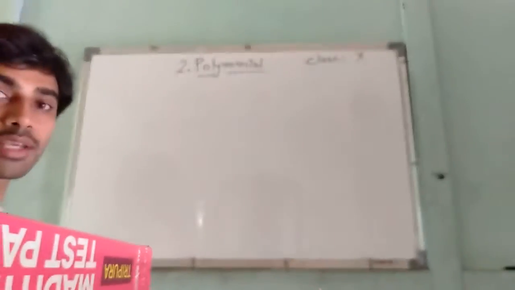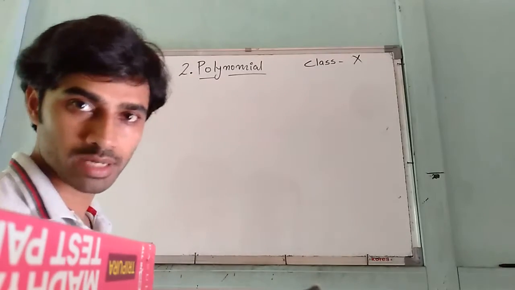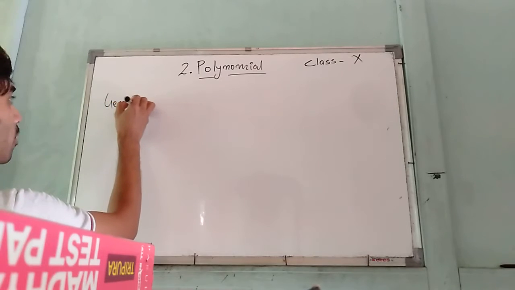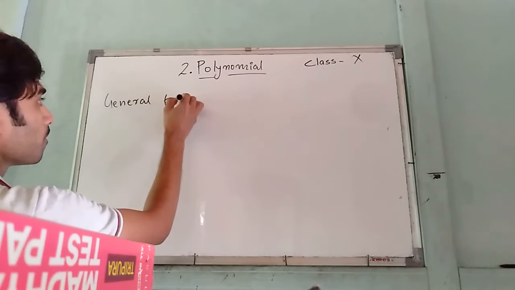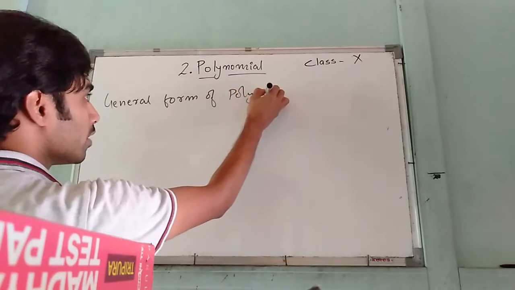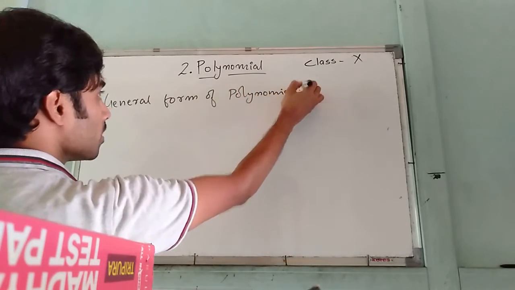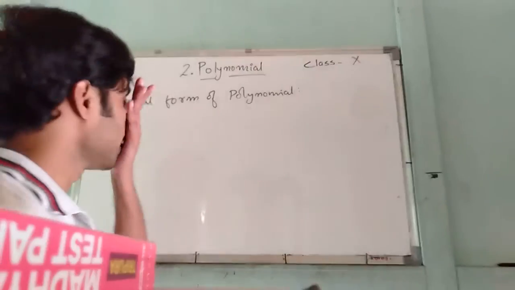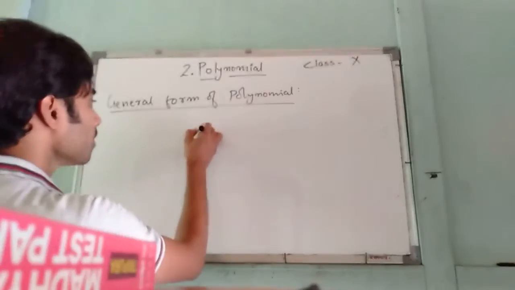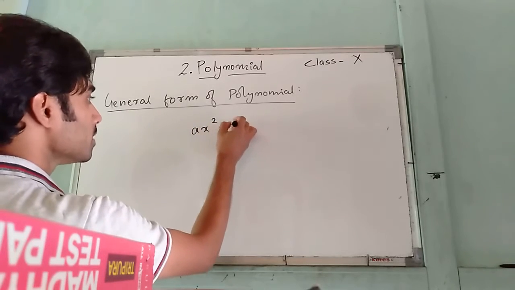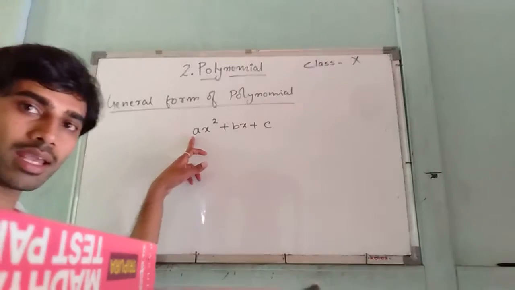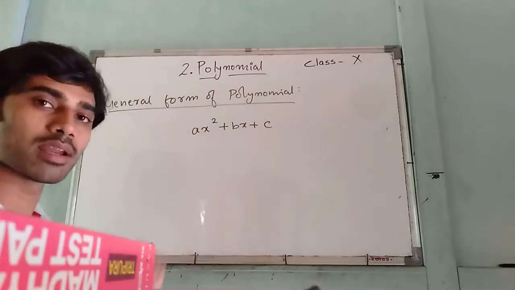General form. Take your pen and copy and go on writing whatever I am explaining. Next topic is the general form of polynomial. The general form of a polynomial can be written in this way: ax square plus bx plus c, where a is the coefficient of x square.